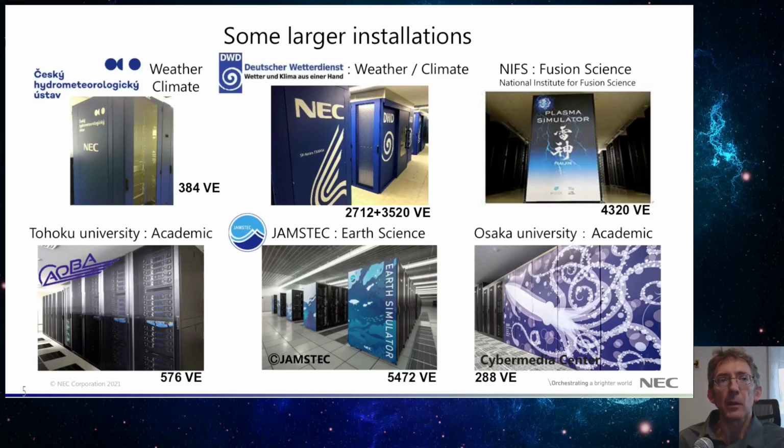JAMSTEC, the Earth Simulator in Japan, has 5,400 vector engines. There's the National Institute for Fusion Science, 4,300 vector engines. These are large systems. Then there are some smaller installations, another climate site in Czechia, and various academic sites.